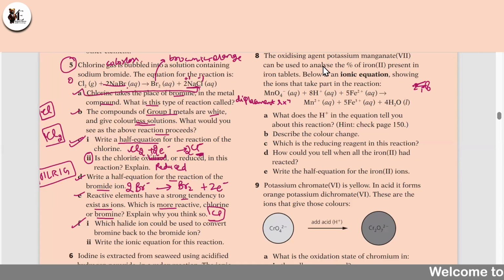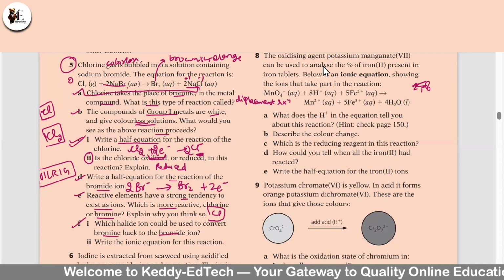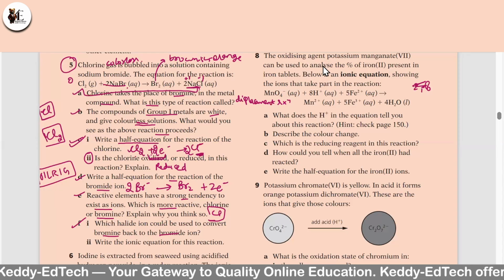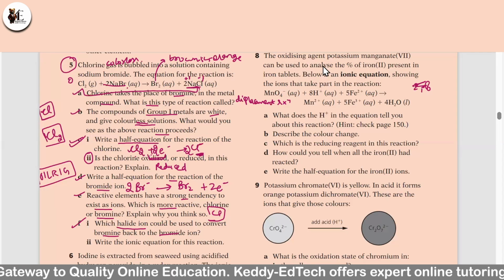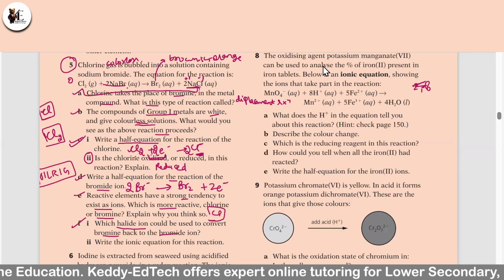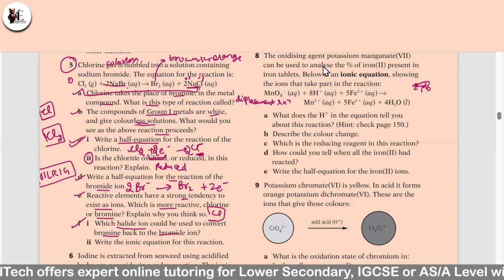Which halide ion could be used to convert bromine back to the bromide ion? Iodine, no, it is asking which halide ion. Iodide. No, iodine is less reactive, so how can it displace bromine?